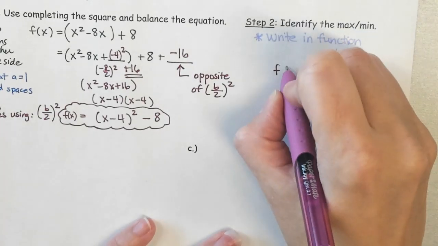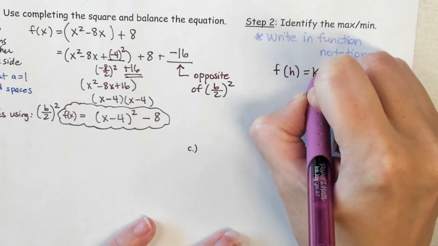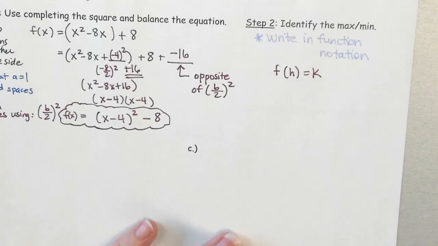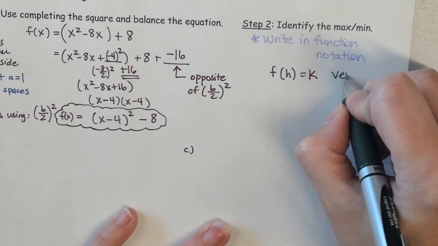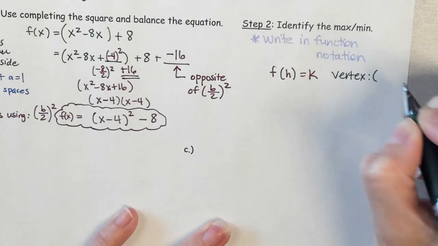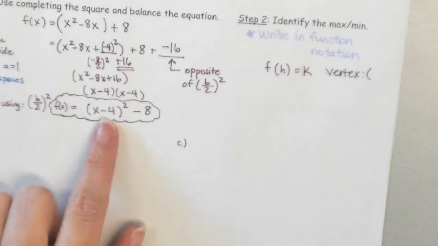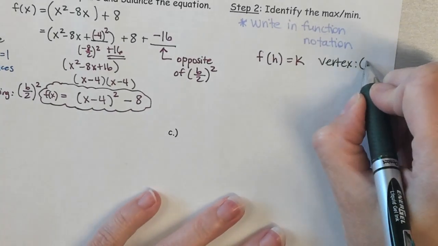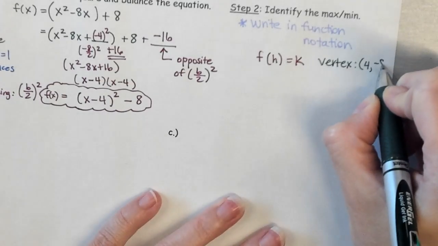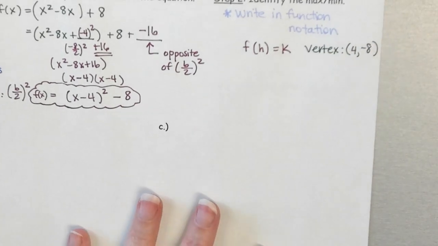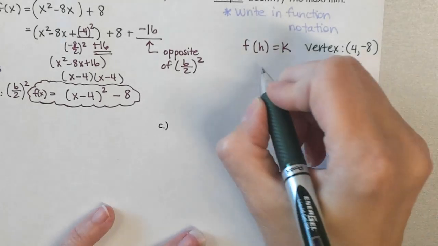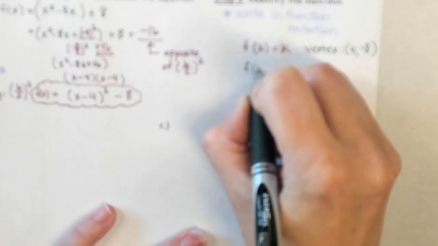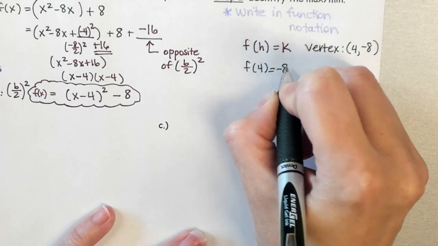This is going to be f of h is equal to k. All right, so you just have to pick out your vertex. Okay, and if this is your vertex, this is going to be 4, negative 8. Okay, and then you are just going to write this as f of 4 equals negative 8.